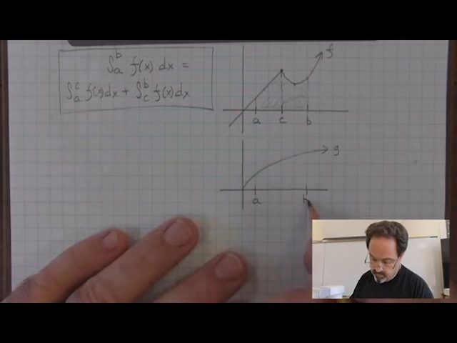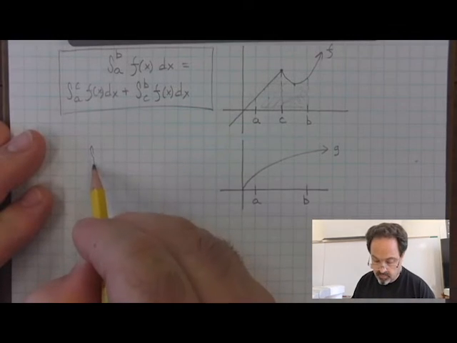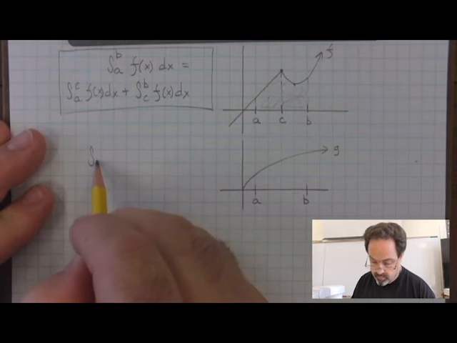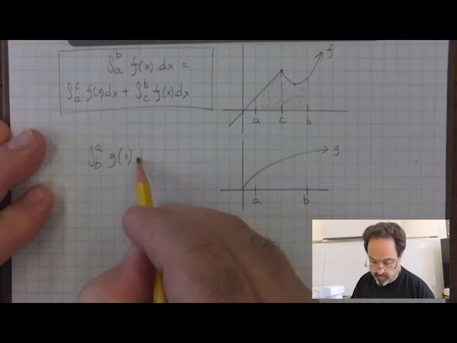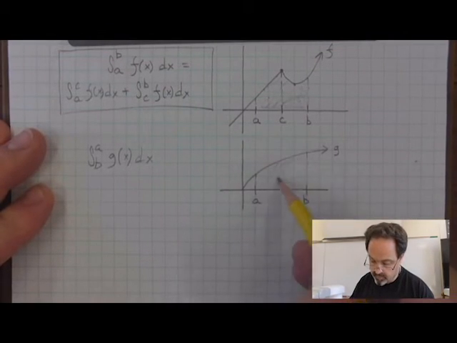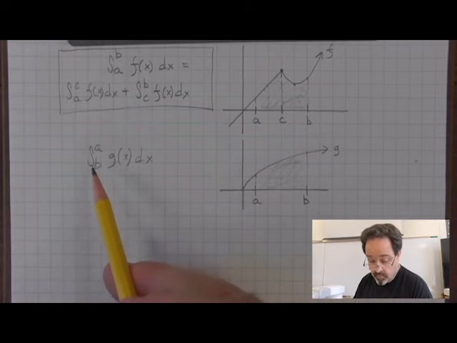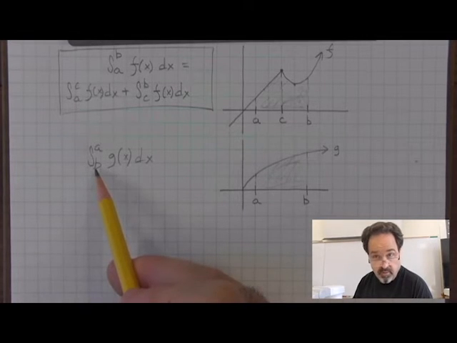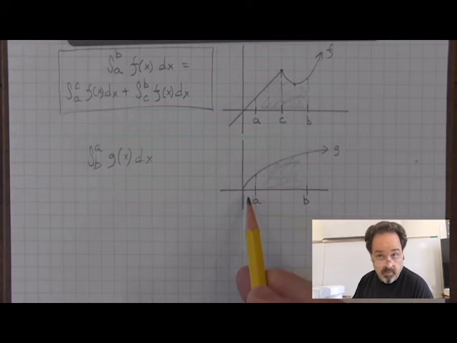We have bounds from a to b, and we could write the integral from b to a under g with respect to x, which would be represented on the graph by this area. I didn't make a mistake in writing the bounds, but notice that what is in the lower bound position will be the higher value. I'm integrating from b to a. That means that I'm integrating backwards.